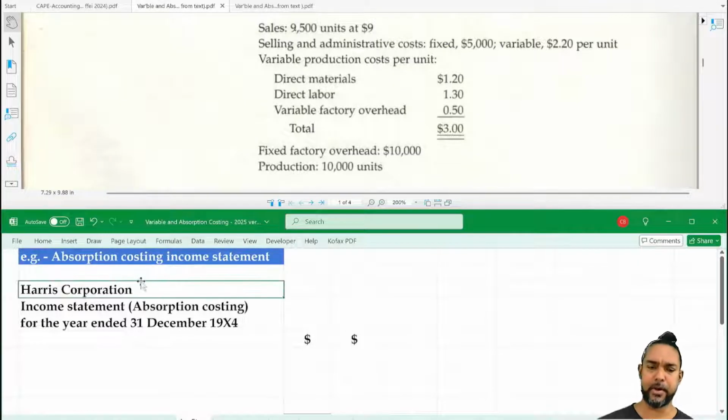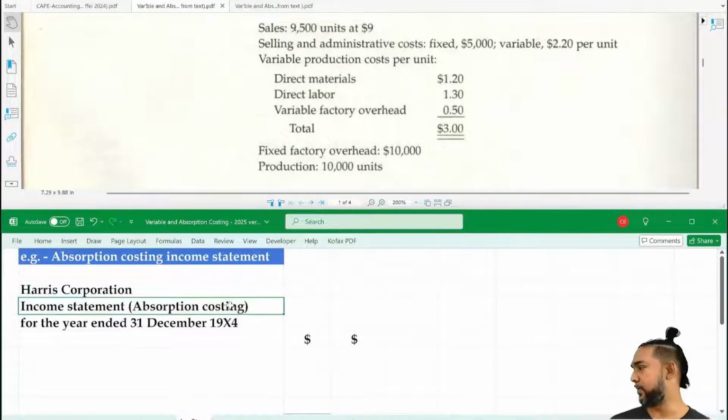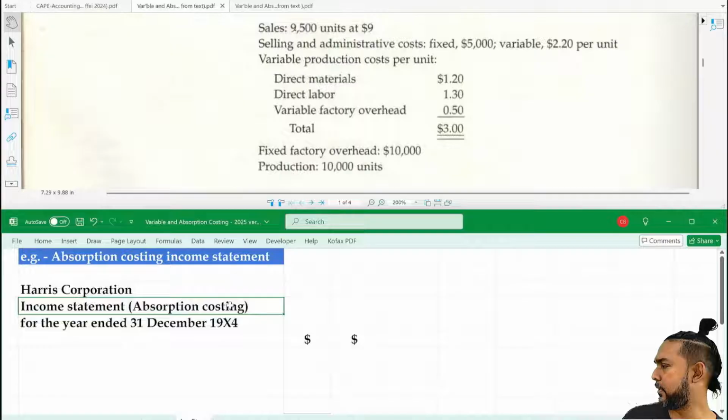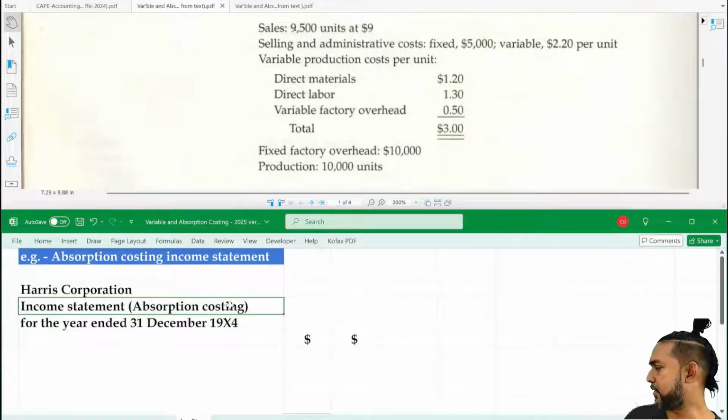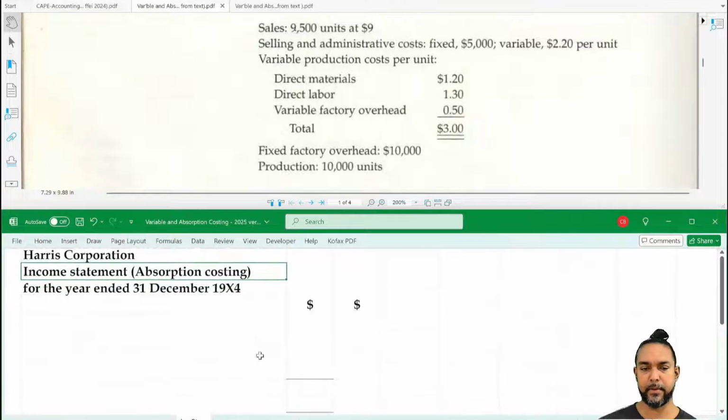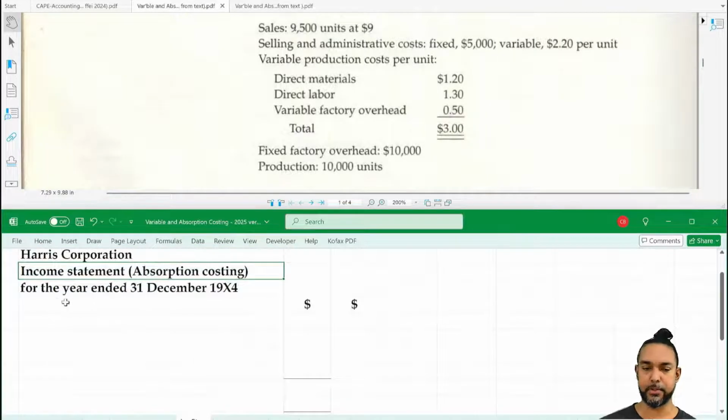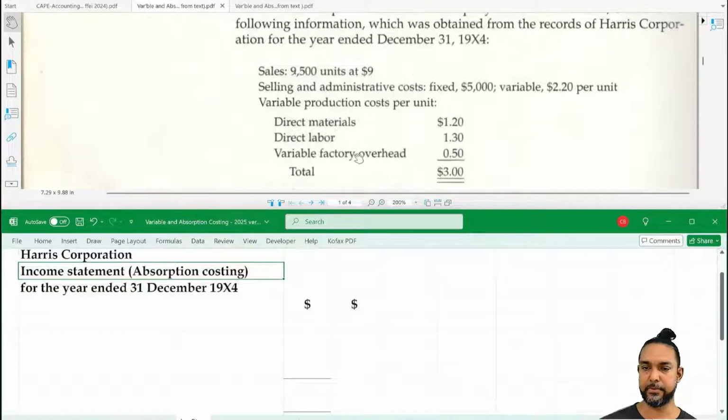All right, so Harris Corporation income statement under absorption costing, right? They did give us a year, so it's only the income statement that we would use selling costs. A year, yes. Yeah, in the income statement, that's correct. Okay, cool. Harris Corporation income statement, absorption costing, for the year ended 31 December 19X4.